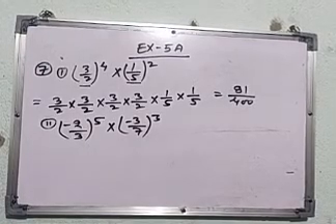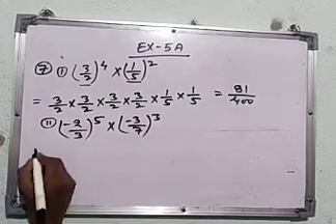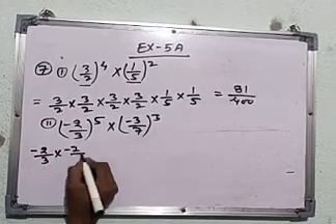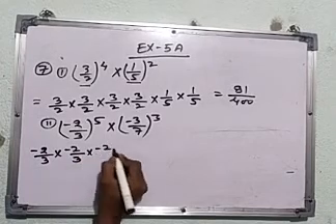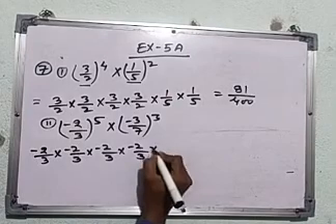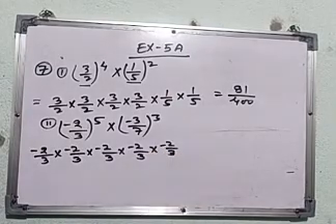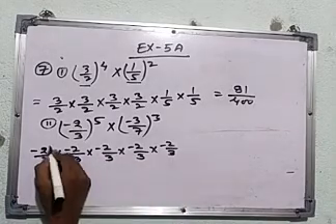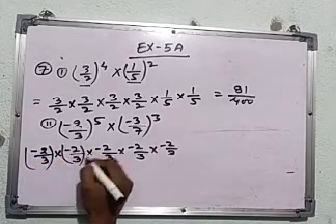So first you write minus 2 by 3 five times: minus 2 by 3 into minus 2 by 3 into minus 2 by 3 into minus 2 by 3 into minus 2 by 3. You write 5 times, 1, 2, 3, 4, 5, taking bracket.